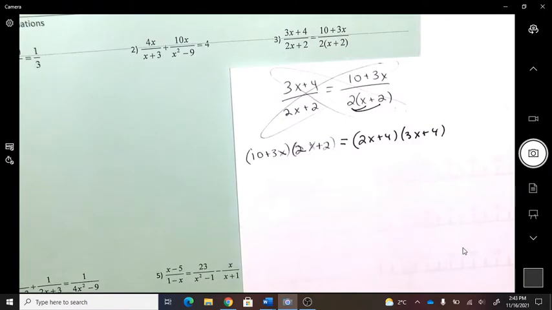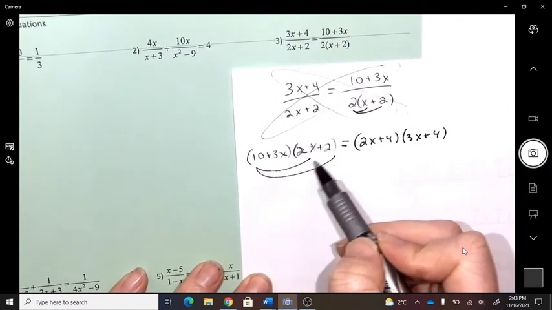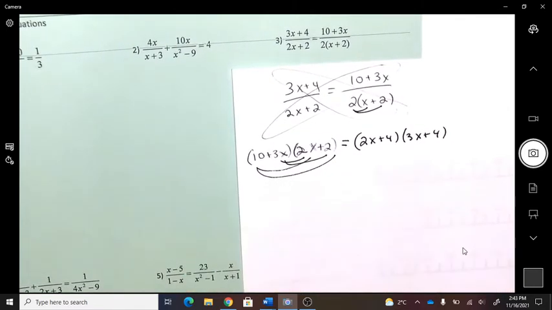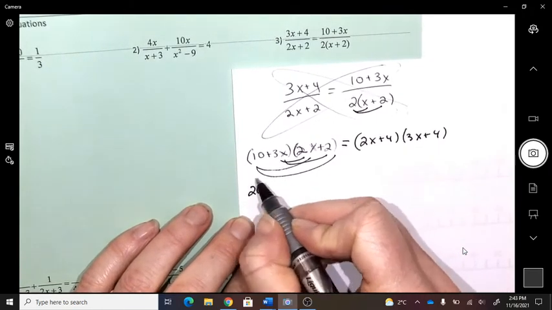Okay. FOIL. Go ahead. First, outside, inside, last. Go ahead and FOIL, and FOIL the other side. So you do it. I'll do mine.